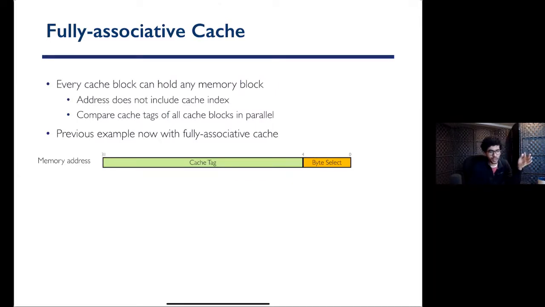Again, I'm assuming that each block is 32 bytes, so 5 bits here, and the rest of it is going to be my tag, so 27 bits for tag.